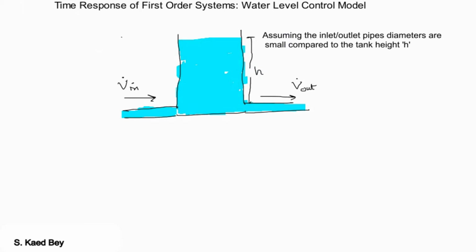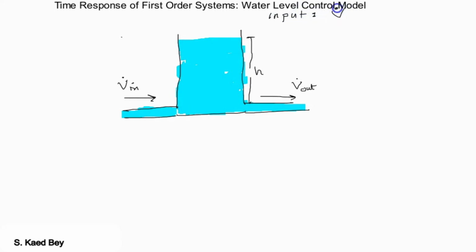So we need to find a relation between the input to the system, which is the volumetric flow in, and the output, which is the water level, represented as h. Now the volumetric flow rate, or the flow in, has a unit of meter cube per second. And the water level is in meters.